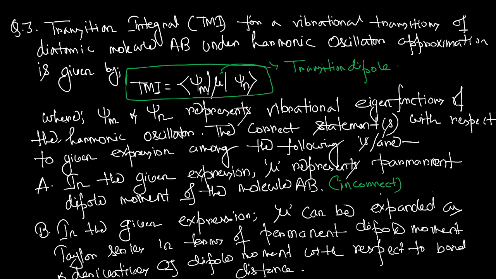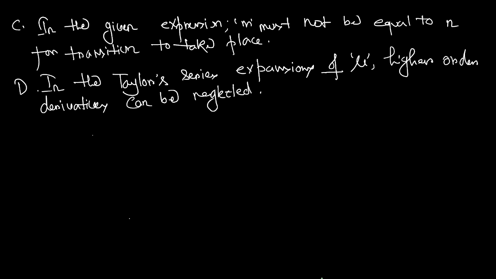The second option is nothing but a corollary of the first question. So mu can be expanded as a Taylor series.